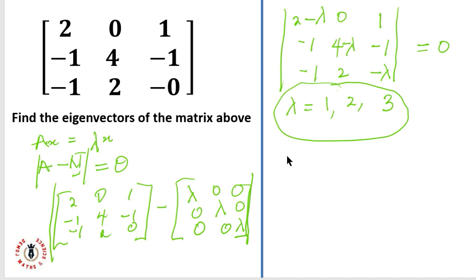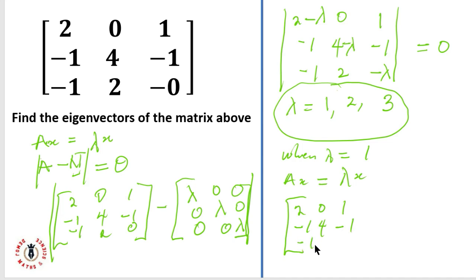Now, when we get lambda equal to 1, 2, and 3, from here we can begin to find the eigenvectors. When lambda is equal to 1, remember we said Ax is the same thing as lambda times x. That is, we're picking the matrix 2, 0, 1, minus 1, 4, minus 1, minus 1, 2, 0, multiplied by x, where x is x1, x2, and x3.